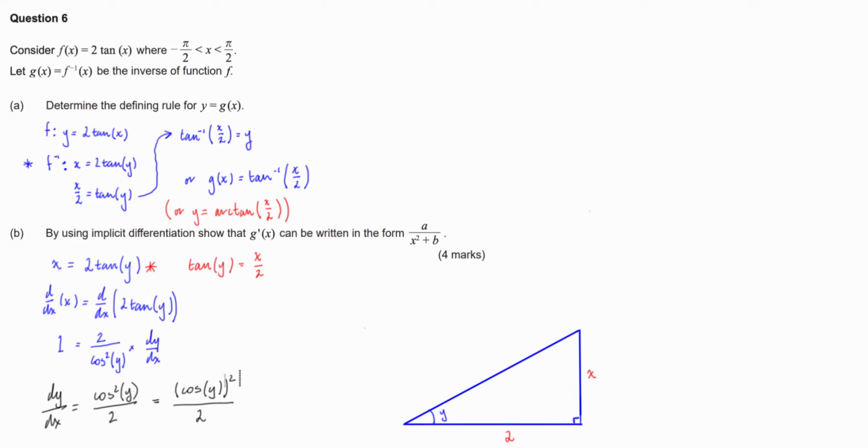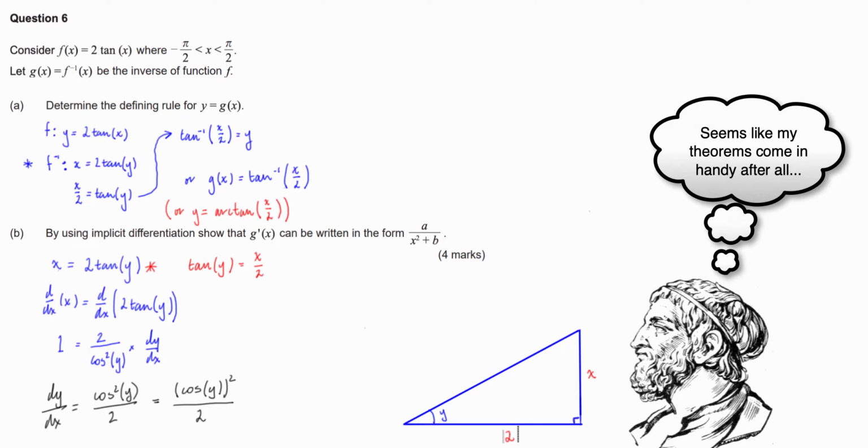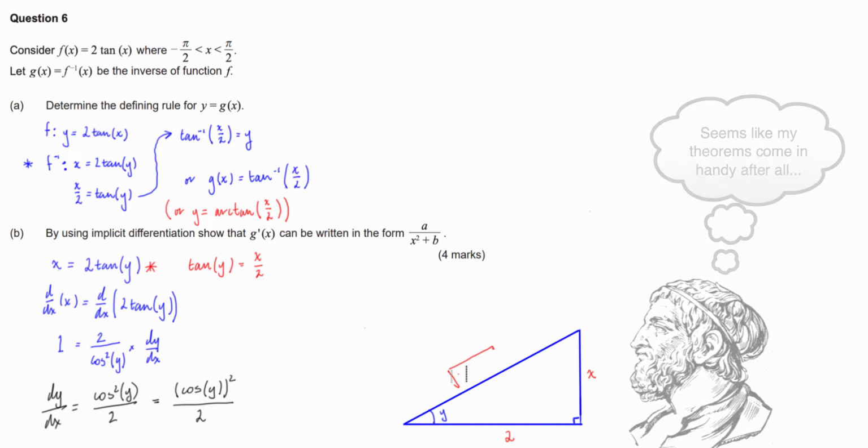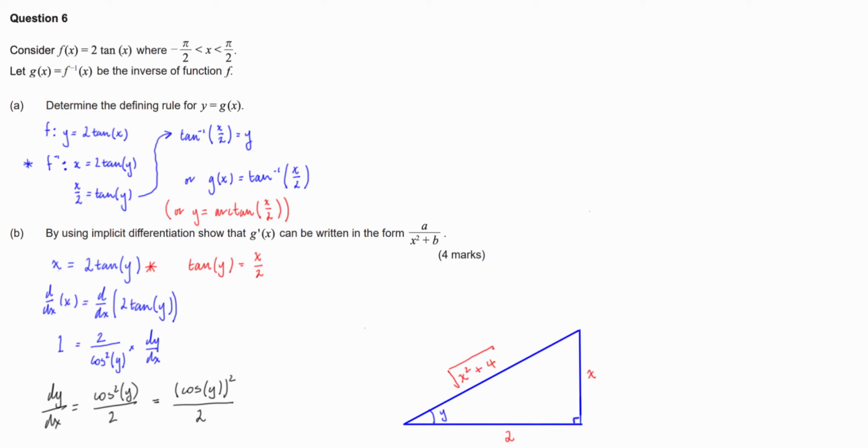Now, if I'm looking for the cosine of y, I need the adjacent over the hypotenuse. Using Pythagoras, we can determine what the hypotenuse of this triangle is going to be. It's going to be equal to the square root of x squared plus 2 squared, or 4. And we can then say that the cosine of y is going to be equal to the adjacent side, 2, over the square root of x squared plus 4.